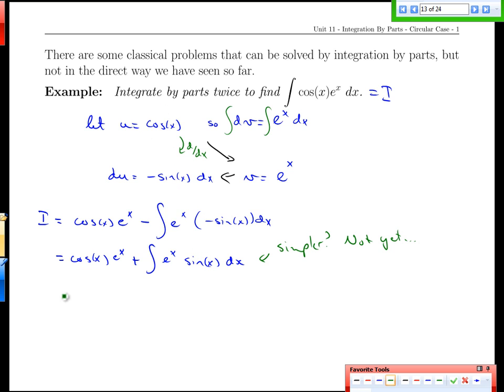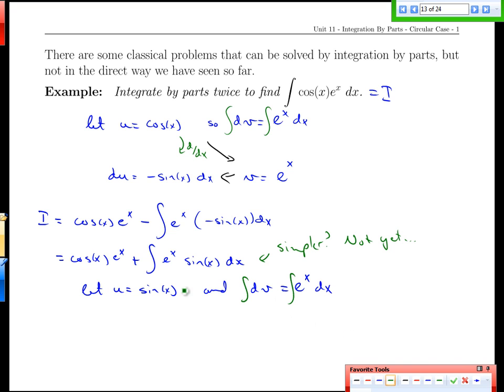What happens if we do it again, but we apply the same choice? We let u again equal the trig function, so this time the sine function, and we keep the dv as e to the x dx.